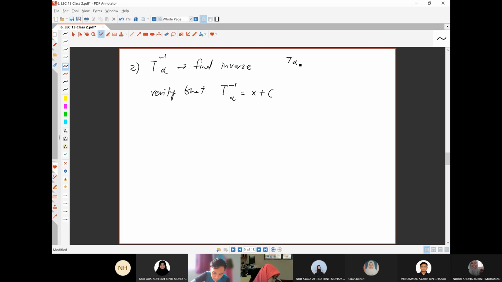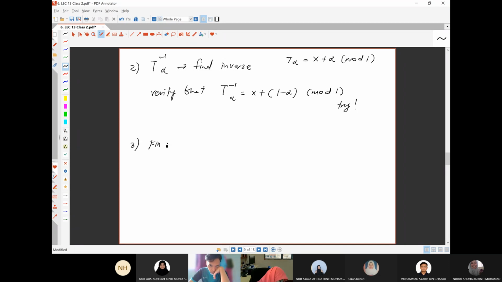If T alpha is equal to X plus alpha mod 1, then your T inverse should be X plus 1 minus alpha mod 1. Is that okay? So if you can verify this is equal to X plus 1 minus alpha, that means you can find the inverse. Try to verify.